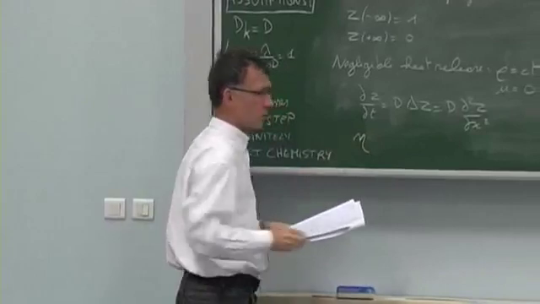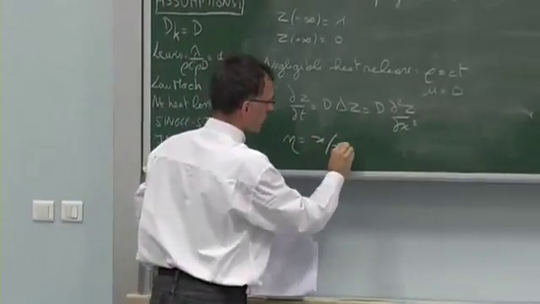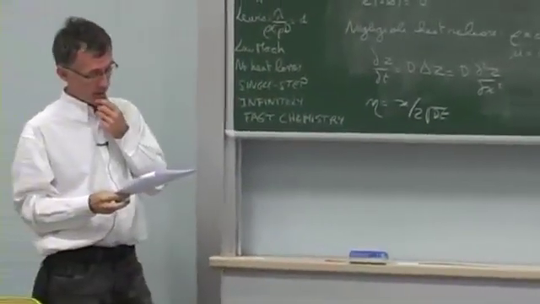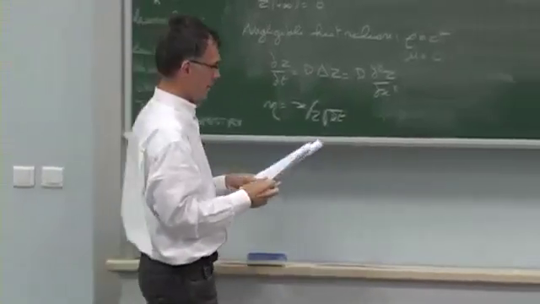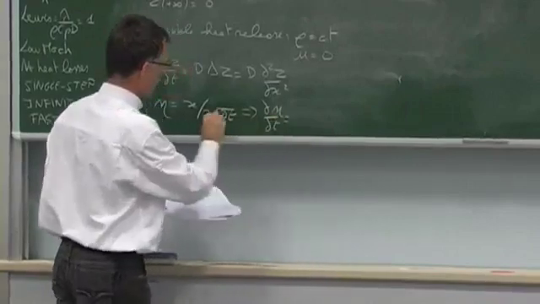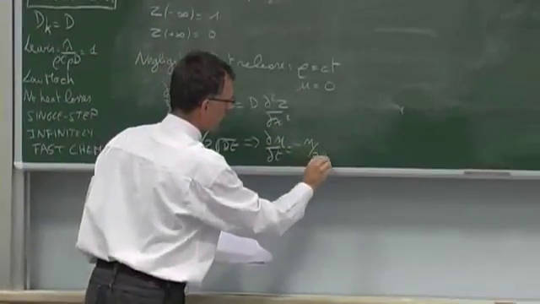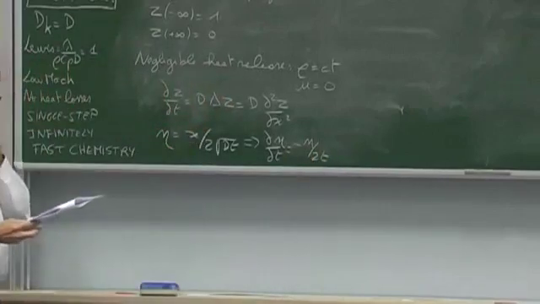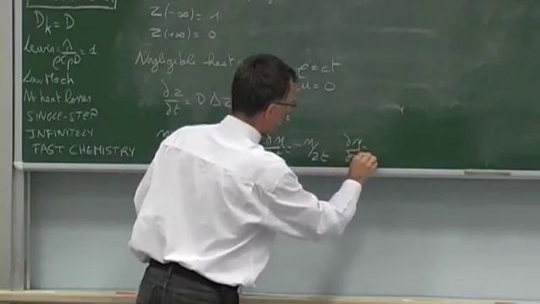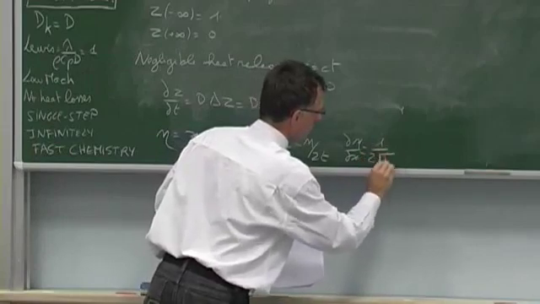A simple way to do that is to change variables, to use eta equal to x over 2 square root of Dt. And you replace it in the equation. So this means that the partial derivative of eta versus time is minus eta over 2t. You just differentiate this expression. And the partial derivative of eta versus x is 1 over 2 square root of Dt.